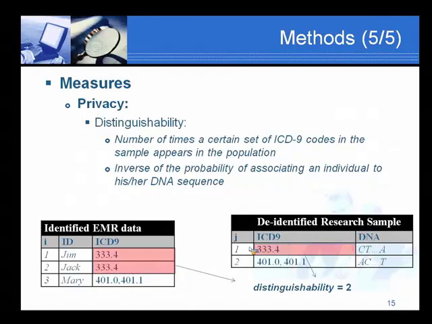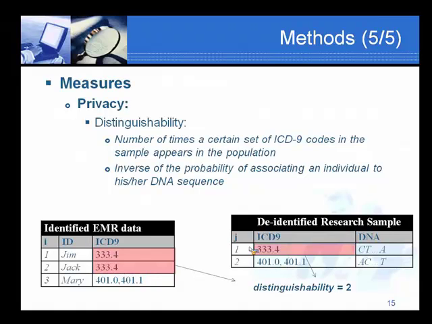For privacy, we consider distinguishability, which is a simple measure that counts the number of times a certain set of diagnosis codes in the sample appears in the population. This distinguishability measure is basically equal to the inverse of the probability of associating a patient to his or her DNA sequence.